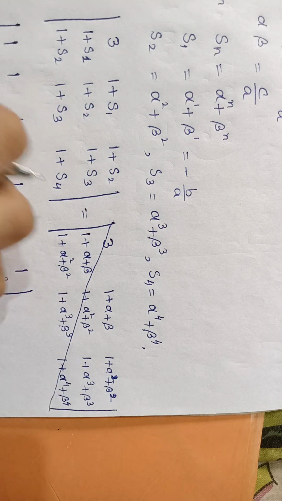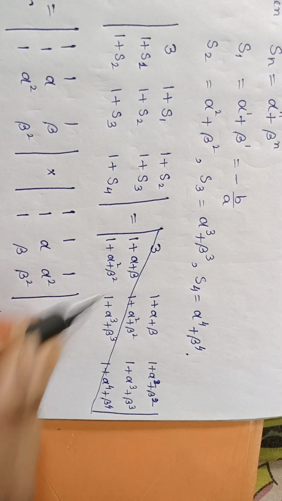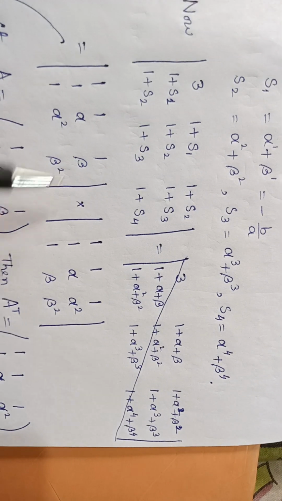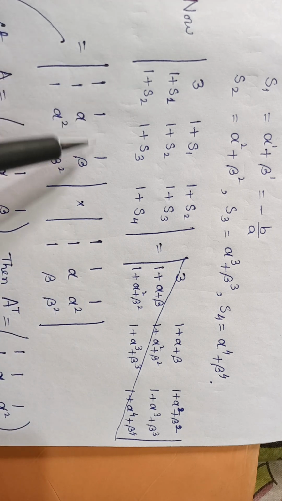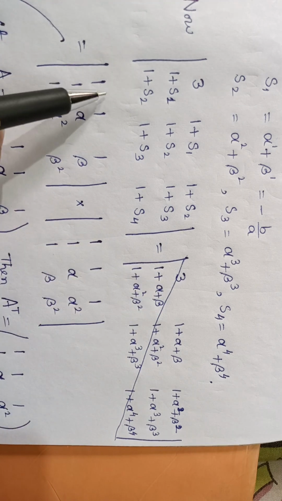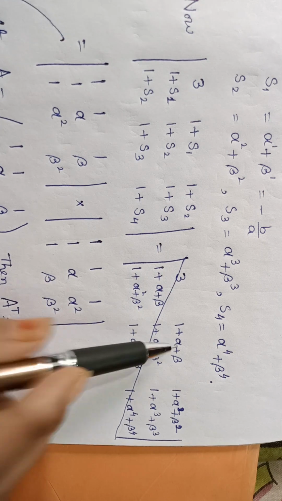Now if we further notice, we can express this matrix as the product of these two matrices. Just see by cross checking. First row into first column will be 3, so 3 is here. First row into second column, that will be 1 plus alpha plus beta.